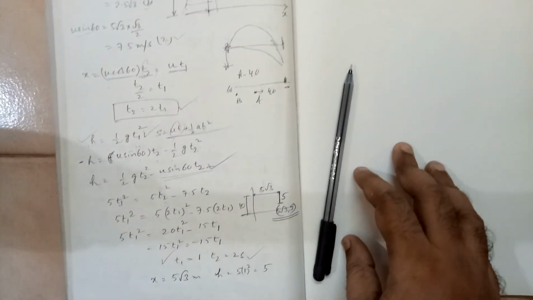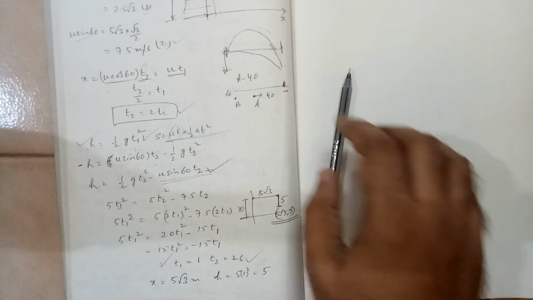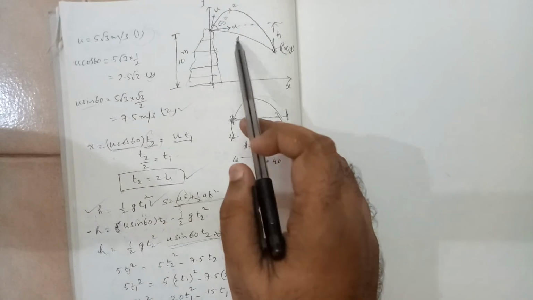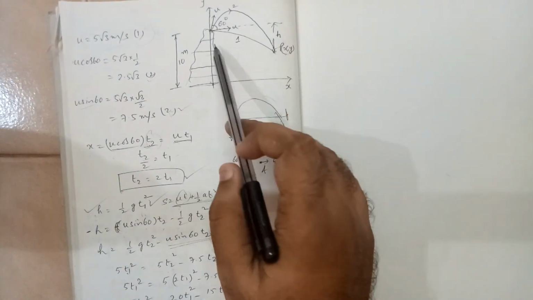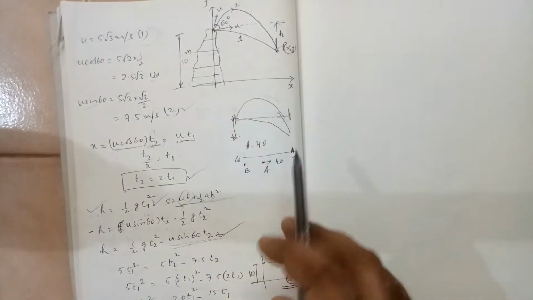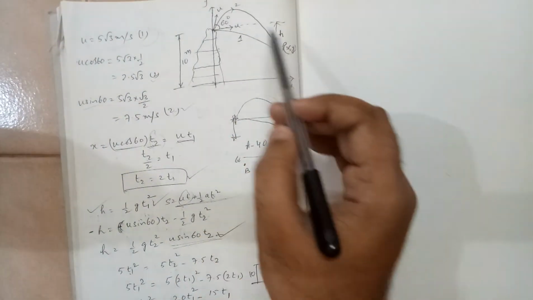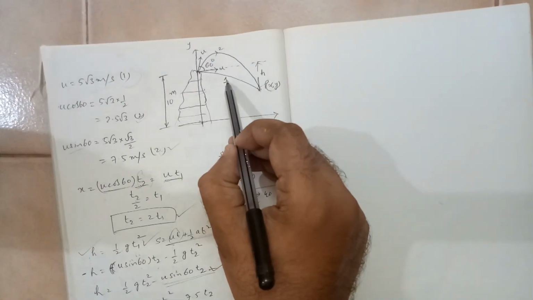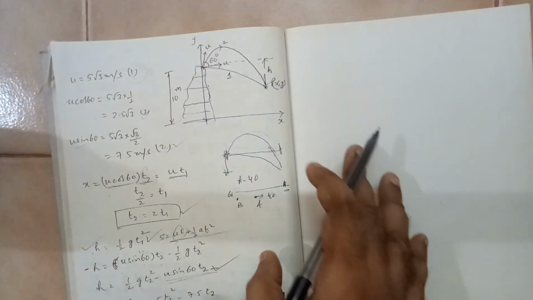So t2 took 2 seconds to reach this point, whereas t1 took 1 second. So that means the first bullet was fired 1 second after the second bullet. Here this 1 and 2 is just a name given. This 1 is fired 1 second after 2.